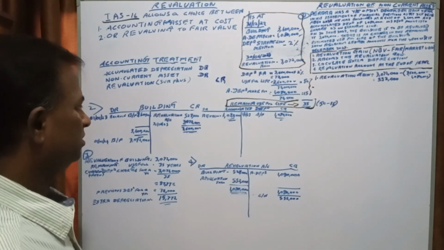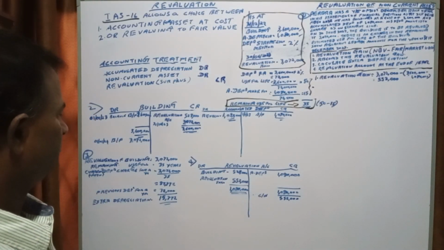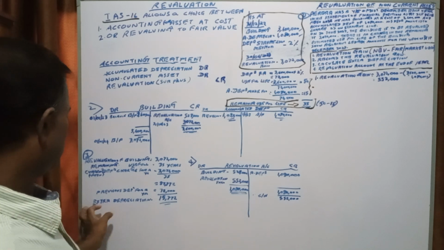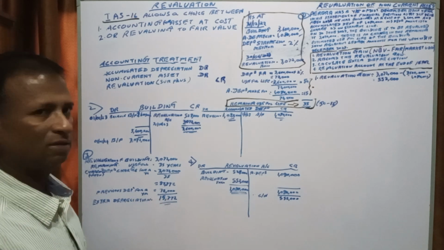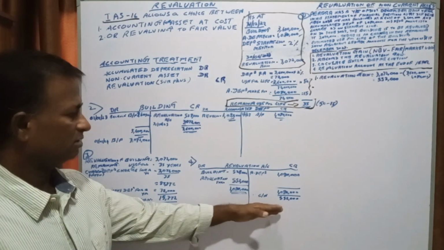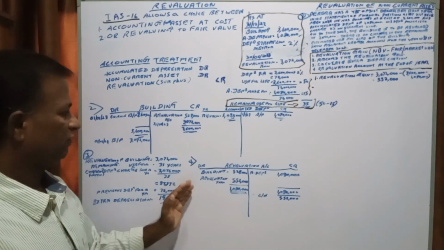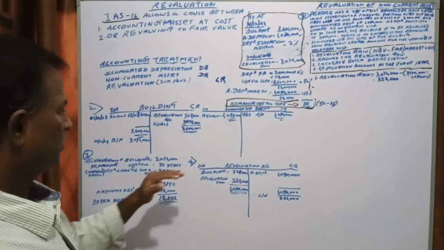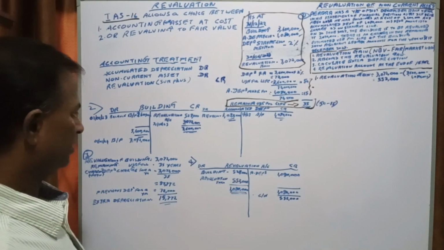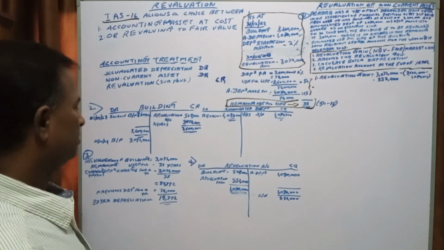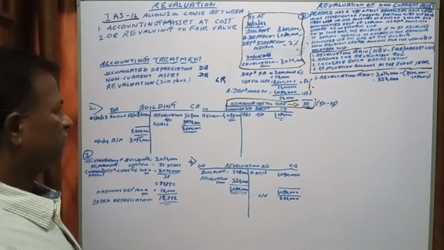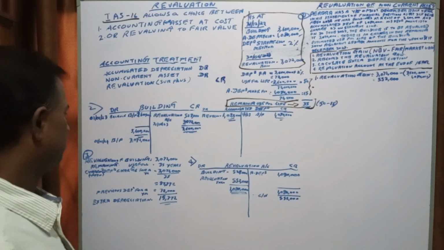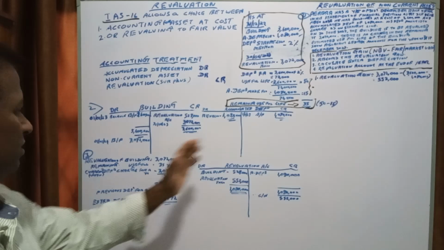If you want to write off the extra depreciation against this, then the entry will be given like this. I will write this there.